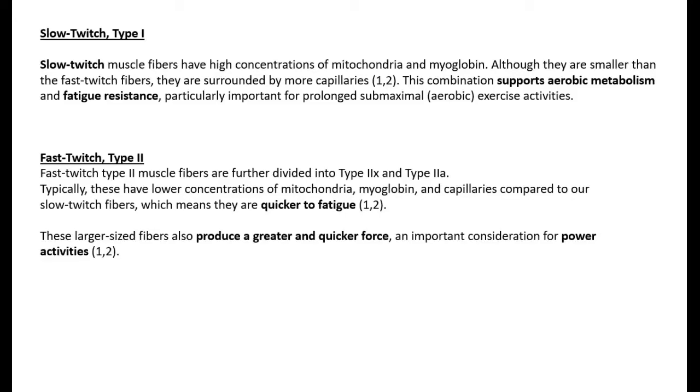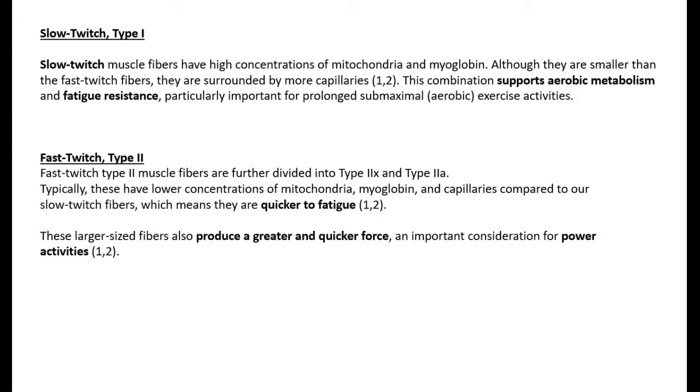And fast twitch type 2 fibers, they are more for quick activities which require more power on a very short period of time. So these are the type of fibers that sprinters will have.